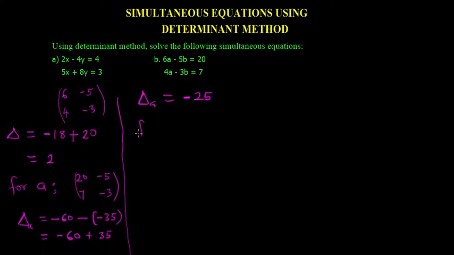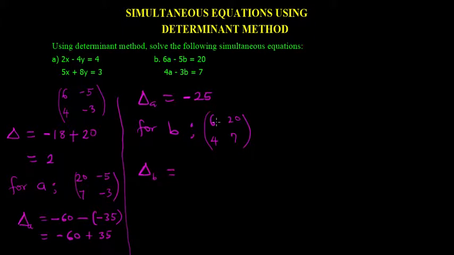Now for the b part, for b, what do we do? We change the coefficients of b, we substitute them with the outcome here. That becomes 6, 20, 4, 7. We close it. We find the determinant on the part of b.